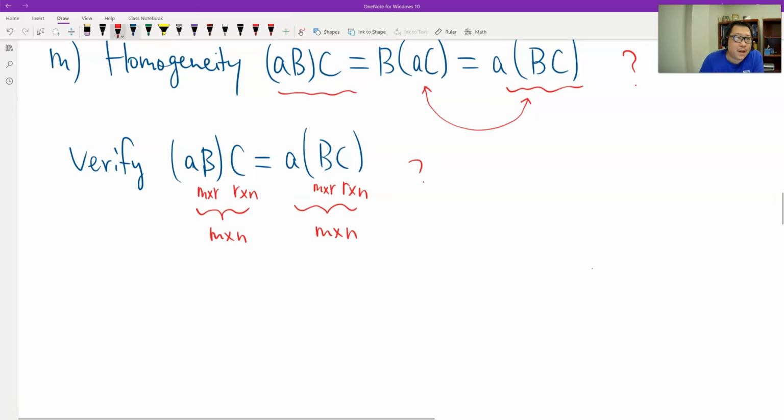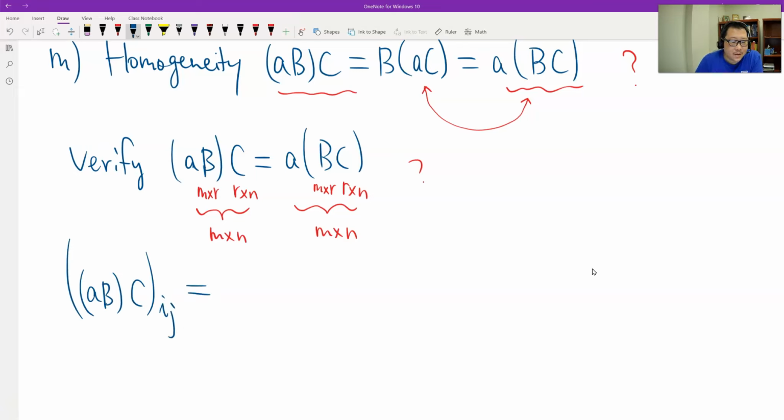Now we look at the general entry. So we look at A times B times C at ij first, by the definition. Again, this is a matrix: B at the ith row and the matrix C at the jth column, with the index K from 1 to the column of B, which is the definition.